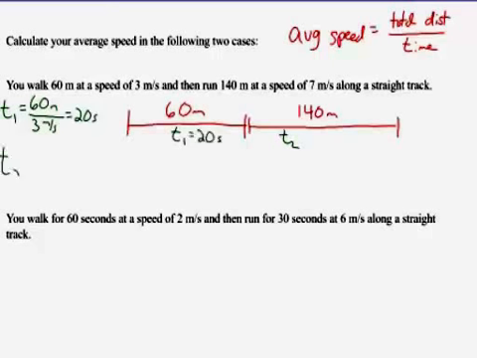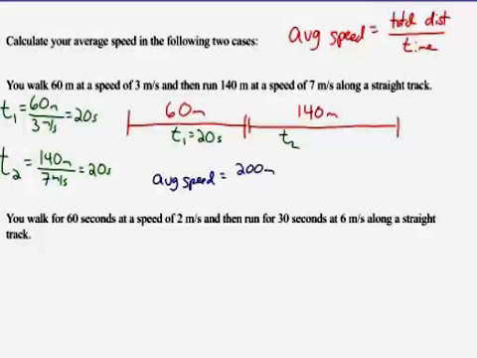The time for part 2 is the distance traveled in part 2, 140 meters, divided by the speed in part 2, which was 7 meters per second, which is also 20 seconds. And so when I solve this, my average speed will be the total distance of 200 meters divided by the total time of 40 seconds, which will be 5 meters per second.